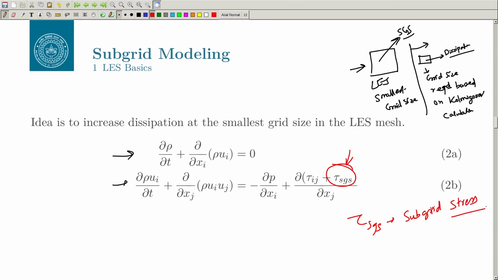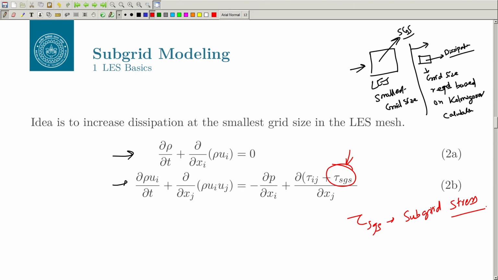This needs to be modeled, but remember that this model should be applicable only on a grid which is the smallest one, or in other words the eddy size which is just bigger than the smallest grid, and of course is smaller than the smallest grid, right.